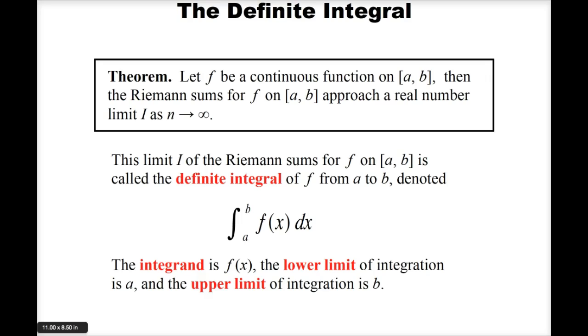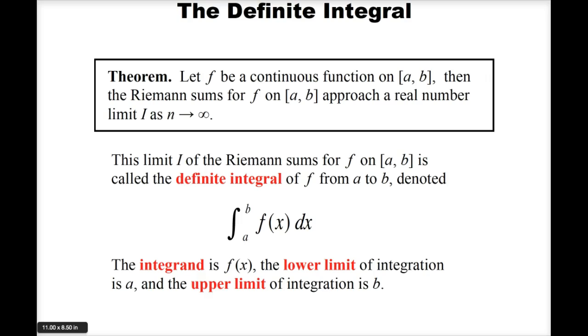Okay, so essentially what this is trying to say is that if we can use the infinite sum, and that's why you see this limit I of the Riemann sums for f on the closed interval from a to b is called the definite integral.